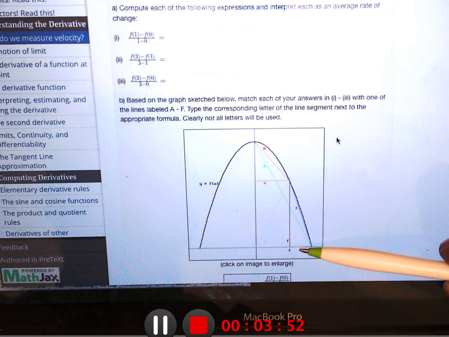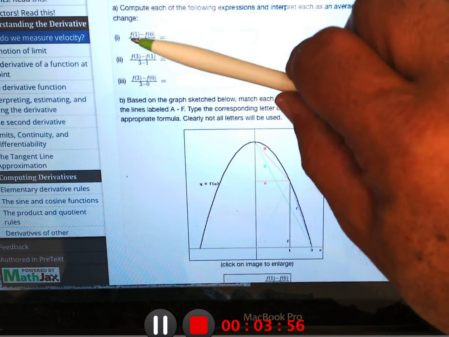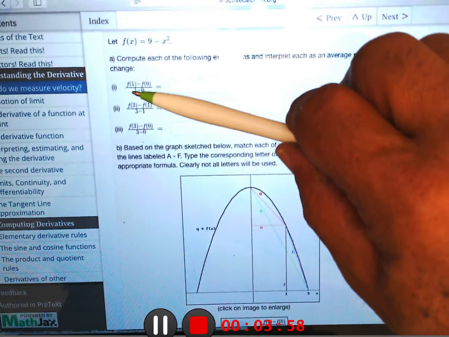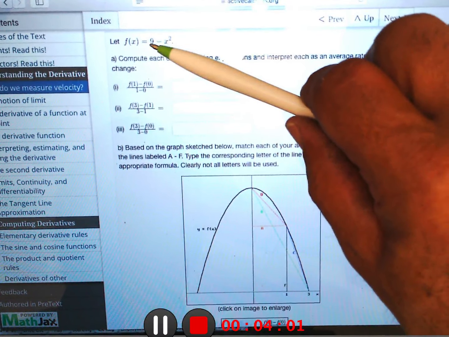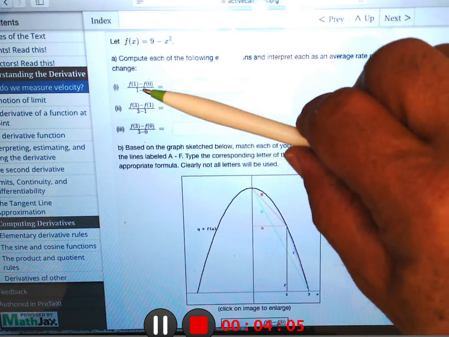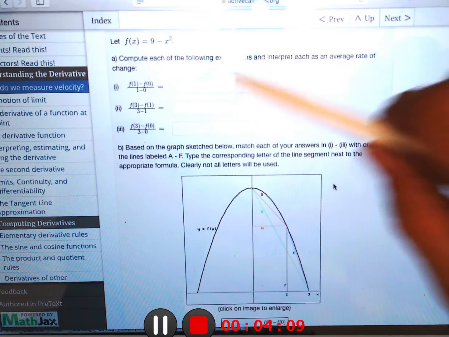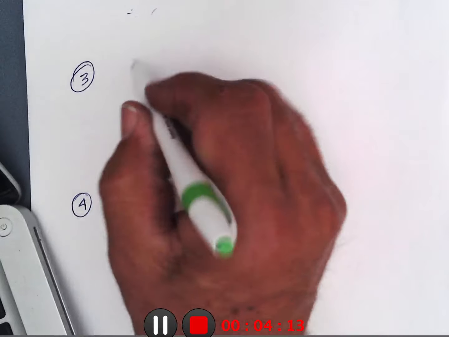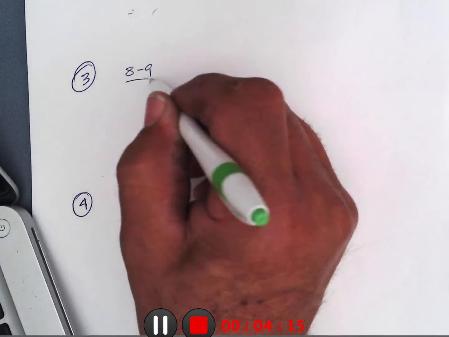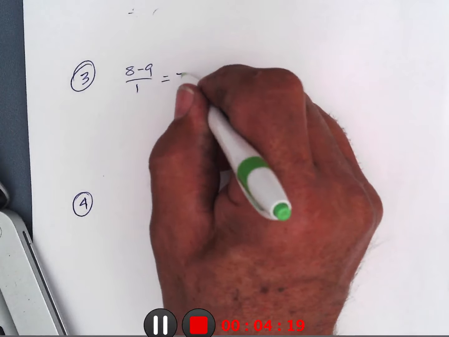Compute each of the following. Now we're supposed to plug those into the numbers, so if we put 1 into this equation, we get 9 minus 1, which is 8, and put in 0, we get 9. So we have 8 minus 9 over 1 minus 0, which is negative 1.